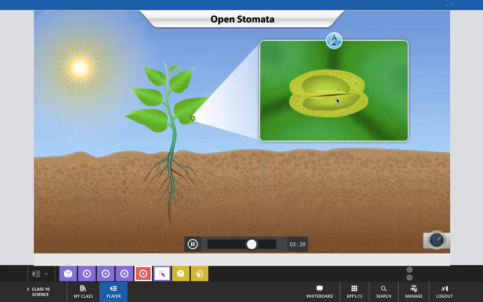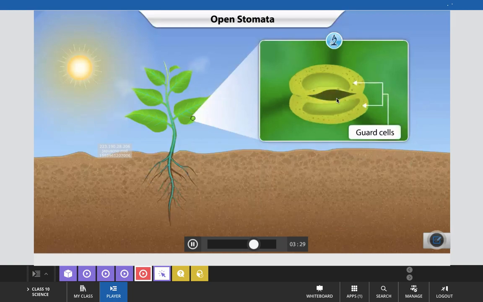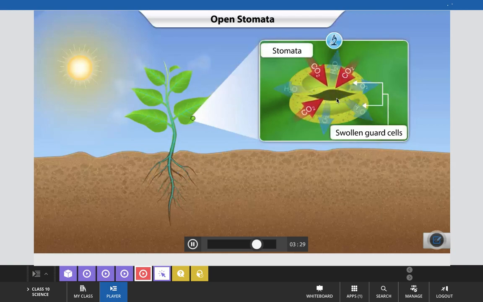In sunlight, when photosynthesis takes place, the guard cells get filled with water and become swollen. This causes the stomata to open, allowing water vapor and oxygen to diffuse out and carbon dioxide to get absorbed.